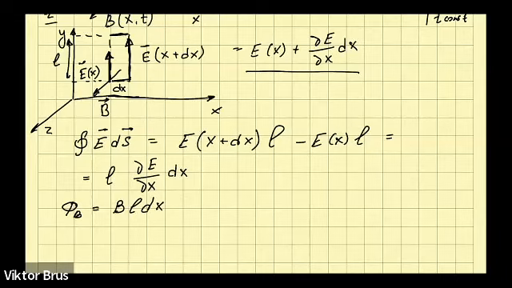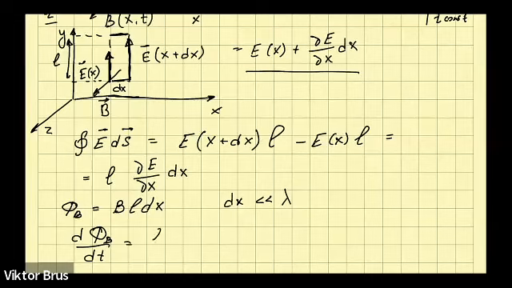Now, assuming constant position x and the fact that dx is much smaller than the wavelength of this electromagnetic wave, we can write that the first derivative of magnetic field flux over time will be associated with the rate of change of the magnetic field.